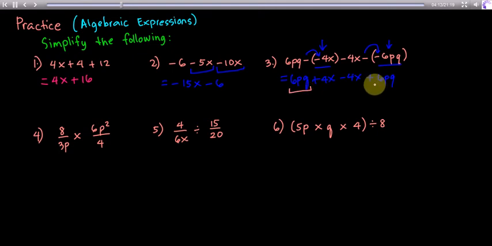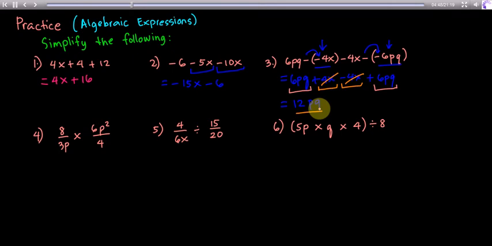We have 6pq here, and they're all positive, so all we need to do is add them. 6 plus 6 is 12, so we have 12pq. Then look at this, plus 4x and minus 4x, so this will be 0, so no need to write it here, and the result is 12pq.